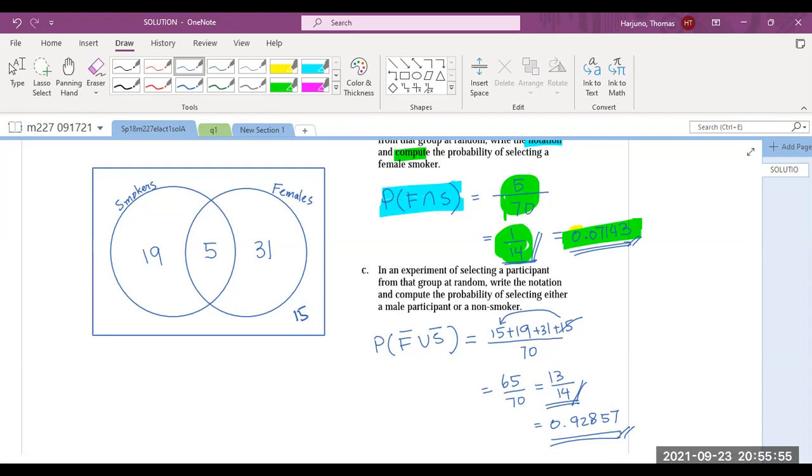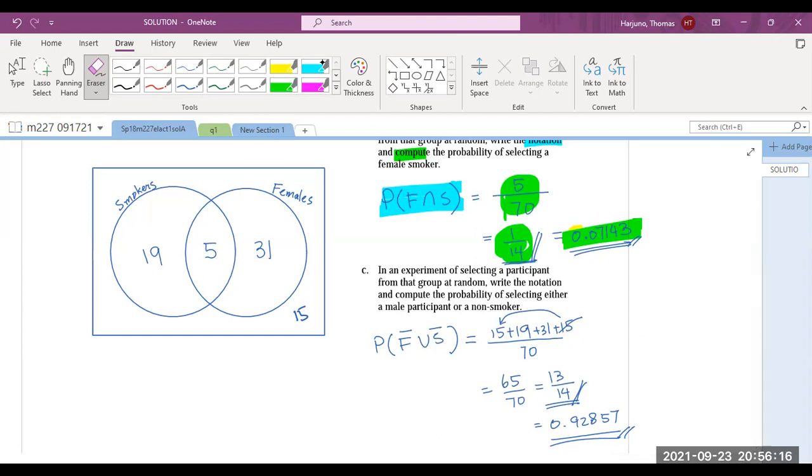Now the or means it has to satisfy either one or both of those events. The question becomes more difficult once we put in not females or not smokers.